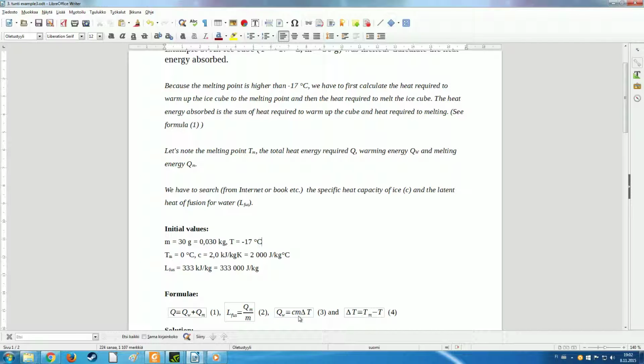I also wrote down the equation of specific heat capacity, and I also wrote down this equation for the change of temperature, which is final temperature minus initial temperature.